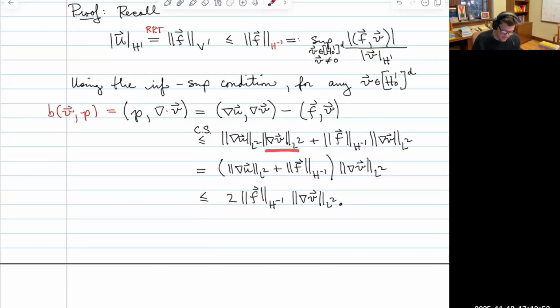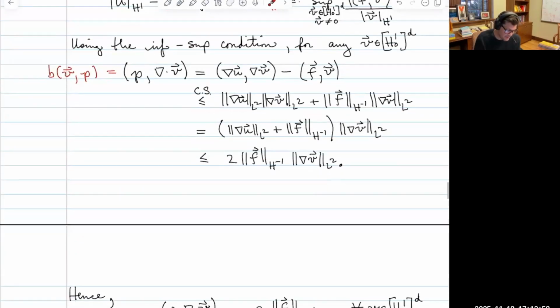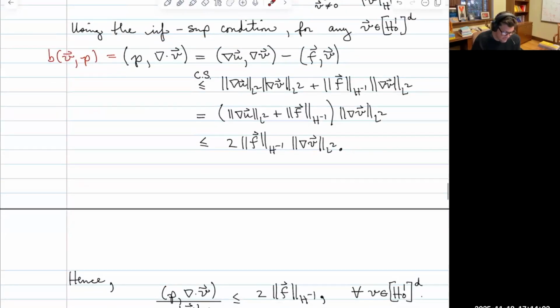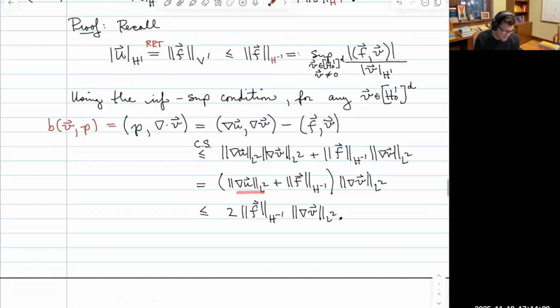Now we have a common factor that appears in both terms. I'm going to pull that out. We still haven't applied an inf-sup condition yet. We're getting there. We have that this object here, the H1 seminorm of u, is equal to the operator norm of f with respect to v, but that was less than this operator norm.